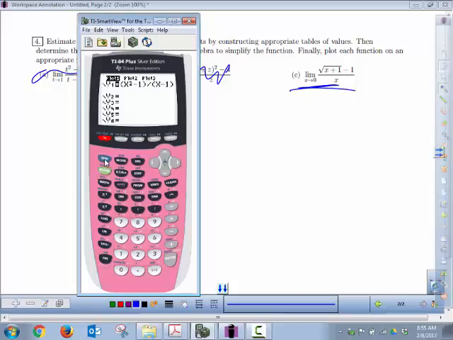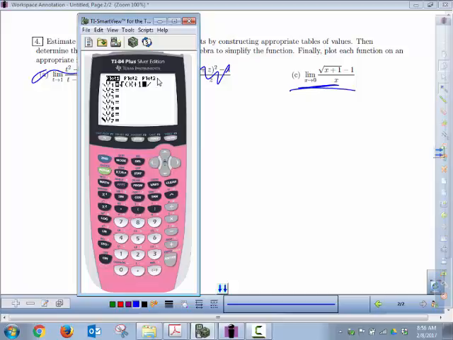So I need the square root symbol, x plus 1. And then divide by just x in the denominator. Oh, wait. Oh, I have to do a minus 1.